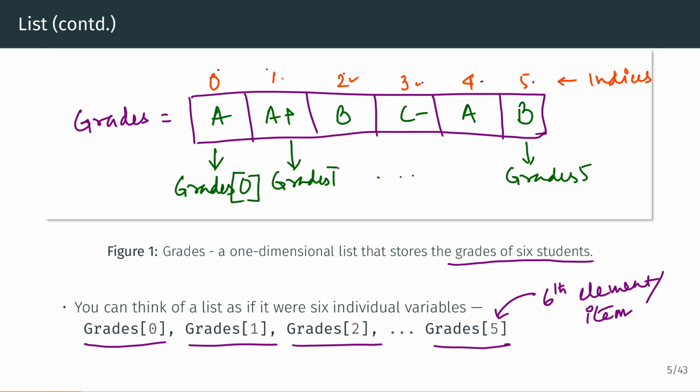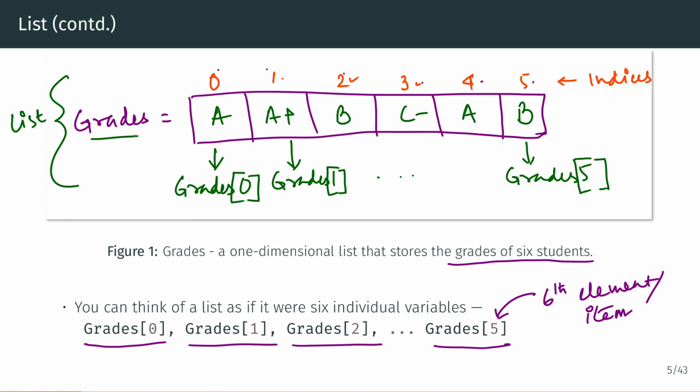So instead of grades 0, you'd say grades, and then within square brackets, 0. Similarly, instead of grades 5, you'd say grades and then square bracket 5. So that's how you visualize a grade, and these are the components of a list.